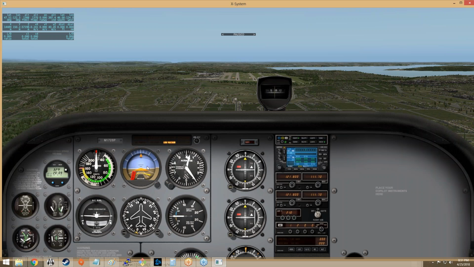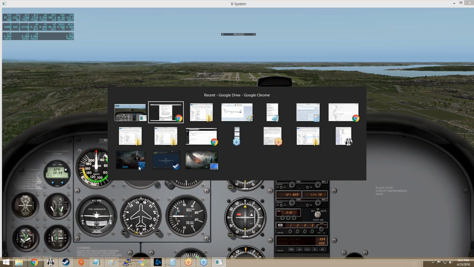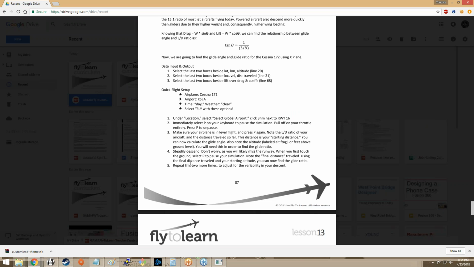We're going to keep the orientation ball as level as we possibly can. Can't remember the name of it, so I'm going to call it the orientation ball. And we're just going to keep it as level as possible and descend as level as we possibly can.